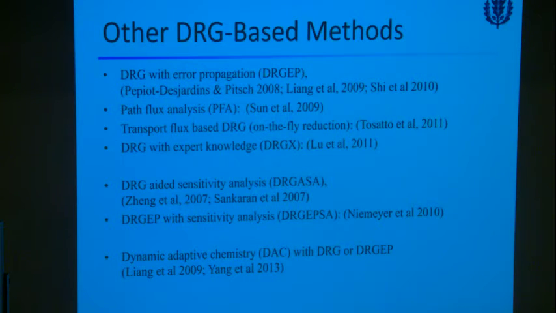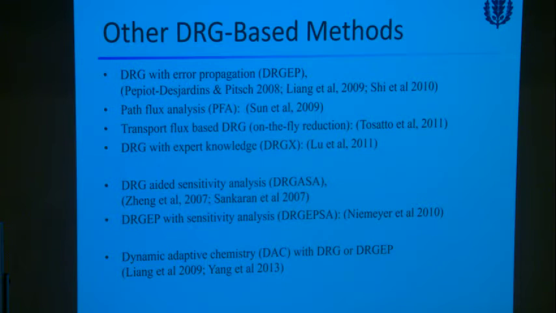And eventually the last step we always use is so-called DRG-aided sensitivity analysis. Eventually it's a sensitivity analysis because this is the most aggressive method we used. We try every possible candidate. If you delete it and the error is fine, then we delete it.